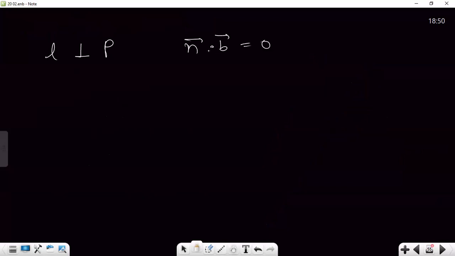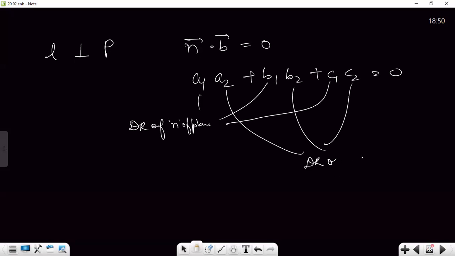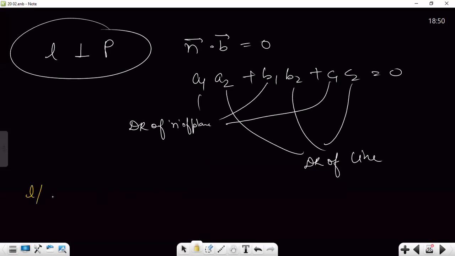That is, a1 a2 plus b1 b2 plus c1 c2 equals 0, where a1 b1 c1 are the direction ratios of the normal of the plane, and a2 b2 c2 are the direction ratios of the line.